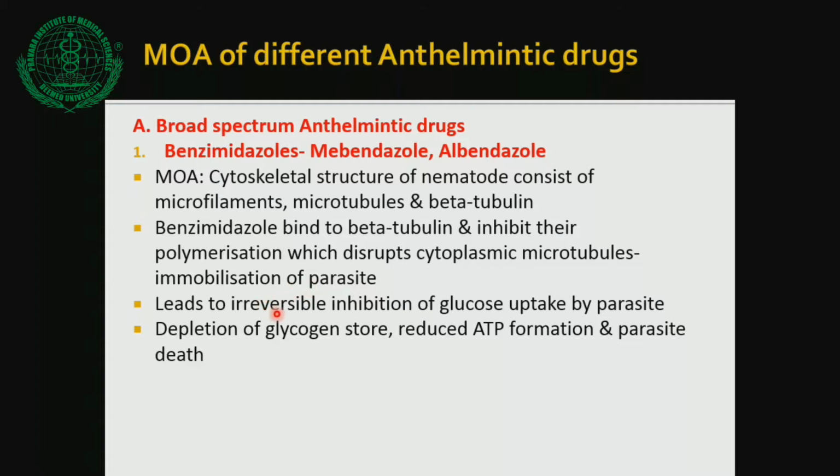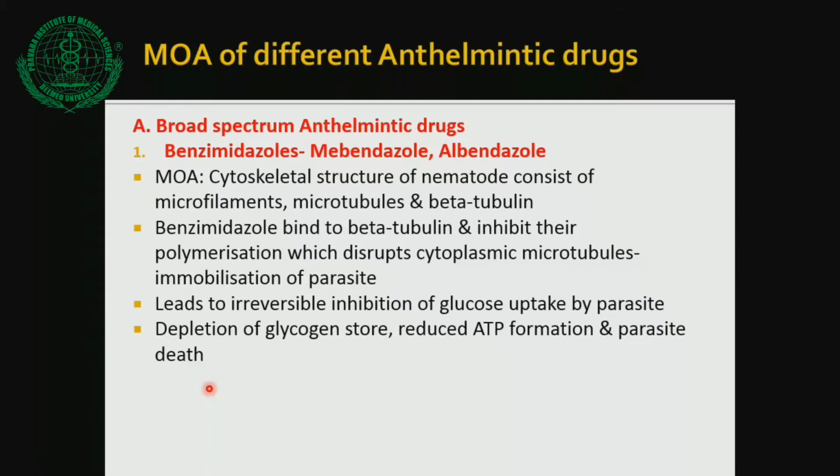Second thing they do, they lead to irreversible inhibition of glucose uptake by the parasite. Glucose is essential for their survival, so that uptake of glucose will not occur. Apart from that, it causes depletion of glycogen stores, reduced ATP formation, and because of which parasite death can occur.